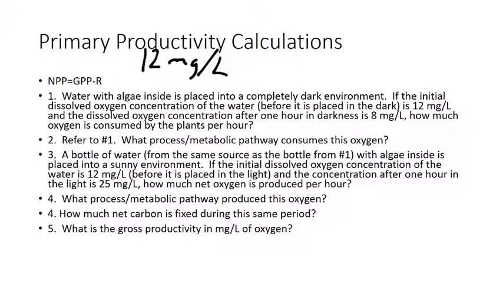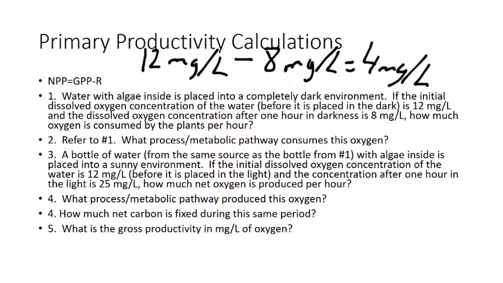So if we subtract from the amount we started with the amount we're left with after an hour in darkness, we end up with 4 milligrams per liter of oxygen. So that's telling us that the organisms in the water used that much oxygen in 1 hour. We're going to label that value as R, the amount of oxygen consumed by cell respiration. We'll come back to that R in a minute.